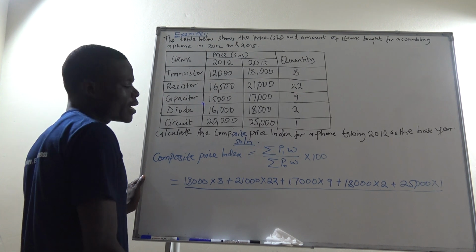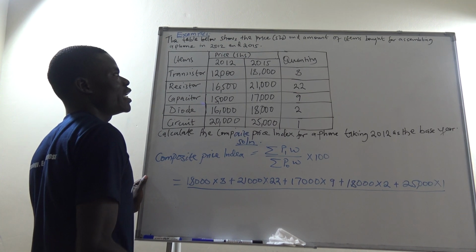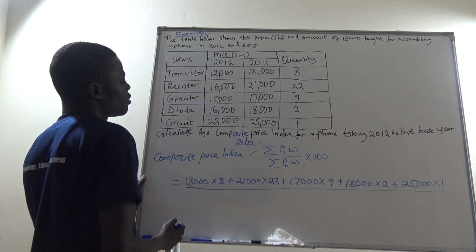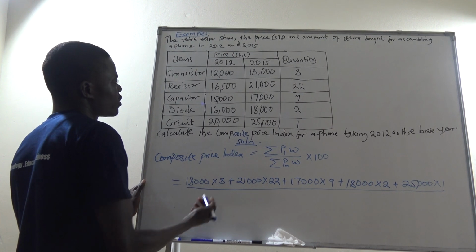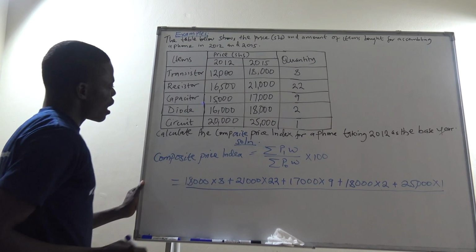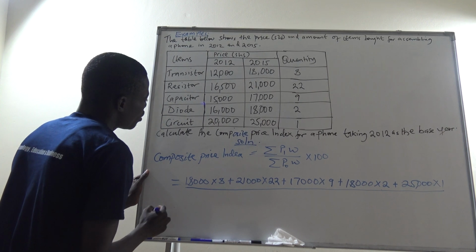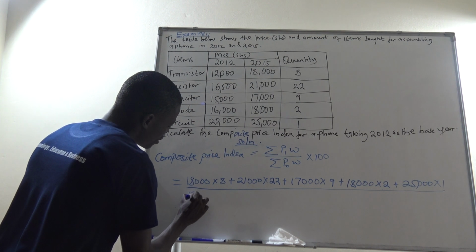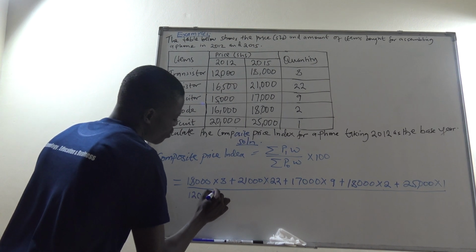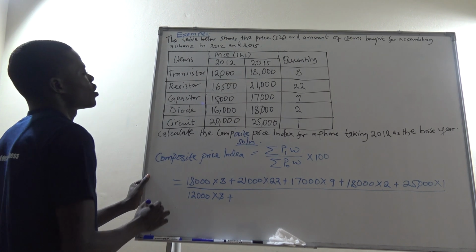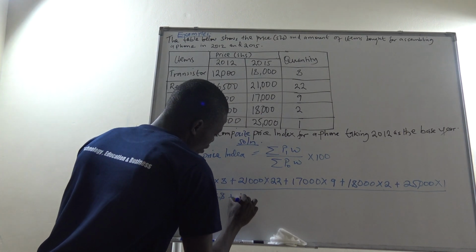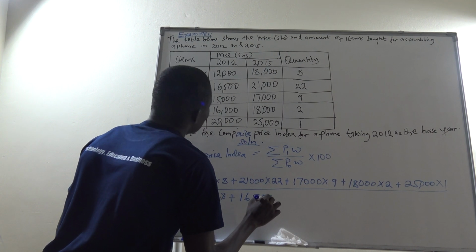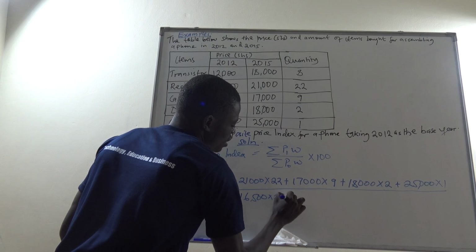Divided by the sum of the prices times their quantity in the base year. For our base year, they have said it is 2012. The price for transistor in the base year is 12,000 times the quantity, which is 8, plus the resistor in the base year, it was costing 16,500 times the quantity, they still used the 22.